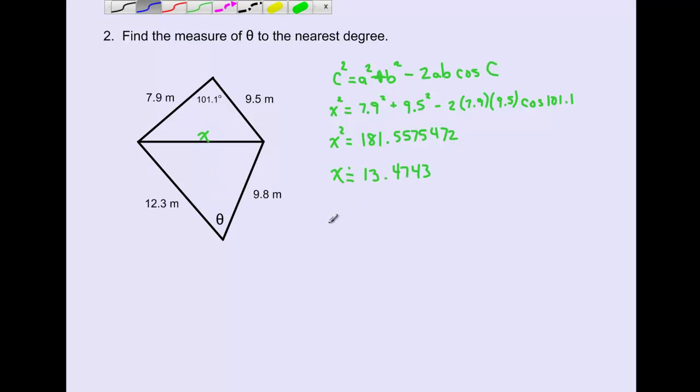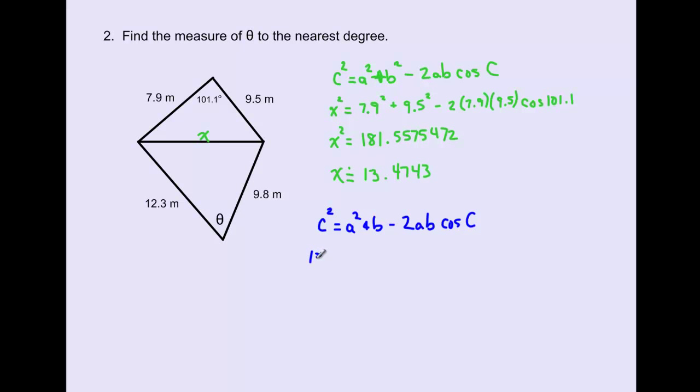So when I write out cosine law again, c squared equals a squared plus b squared minus 2ab cos c. The angle I'm looking for has to correspond to its side across from it. So the 13.4743 has to be the c again, because it's across from the angle we're looking for.